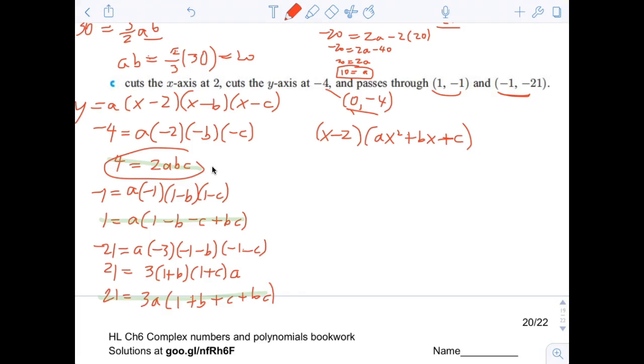Then they said, okay, I know that the y-intercept is 0, -4. So that means that if I multiply -2 times c, that should give me -4.